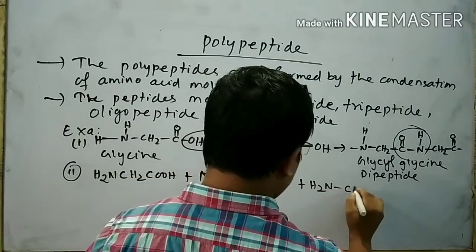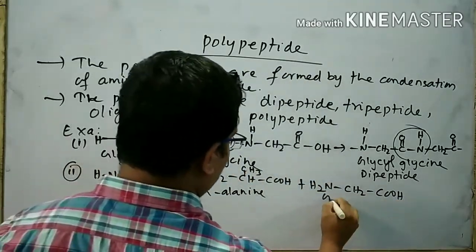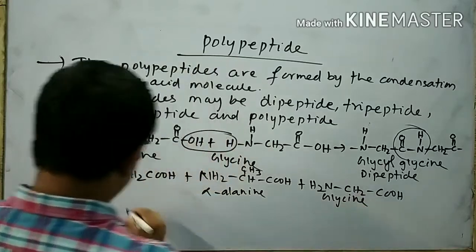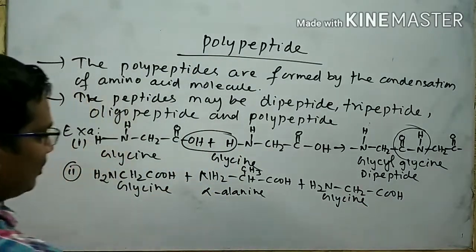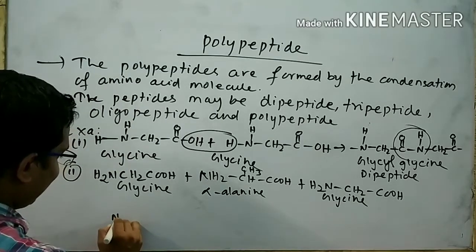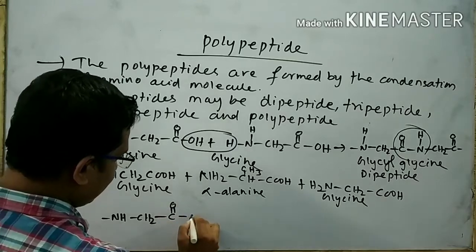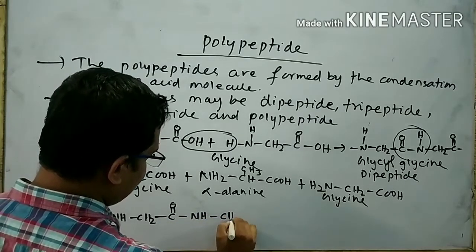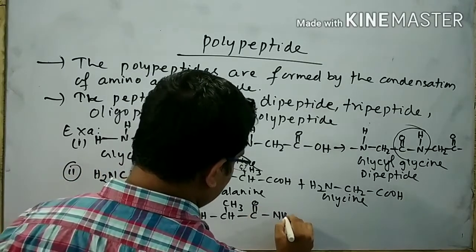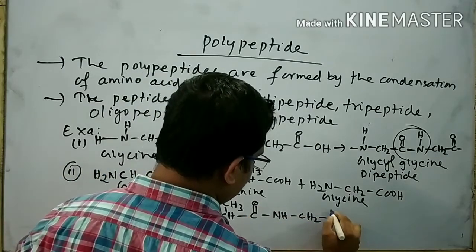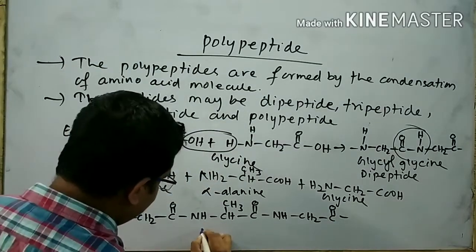Here 3 amino acids are taken. This is also glycine. Here a tripeptide is formed. The structure is written like this. This is the structure of a tripeptide.